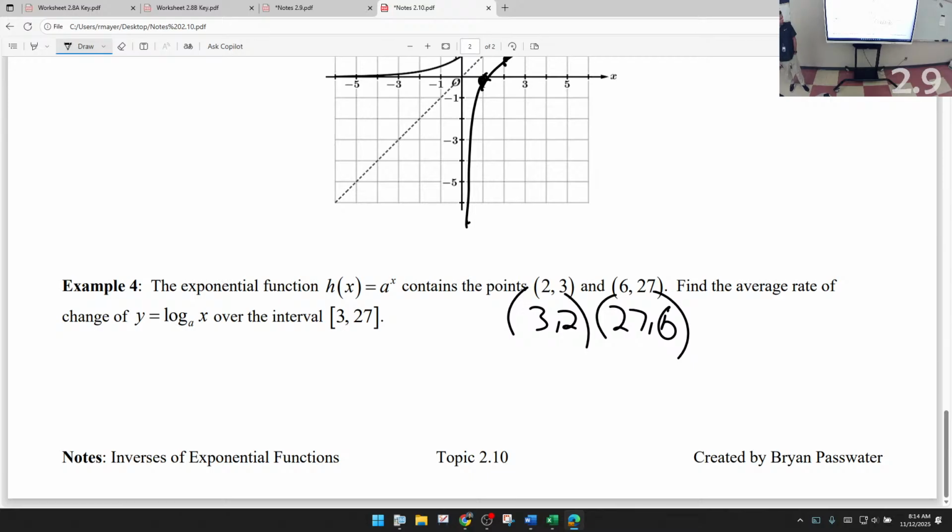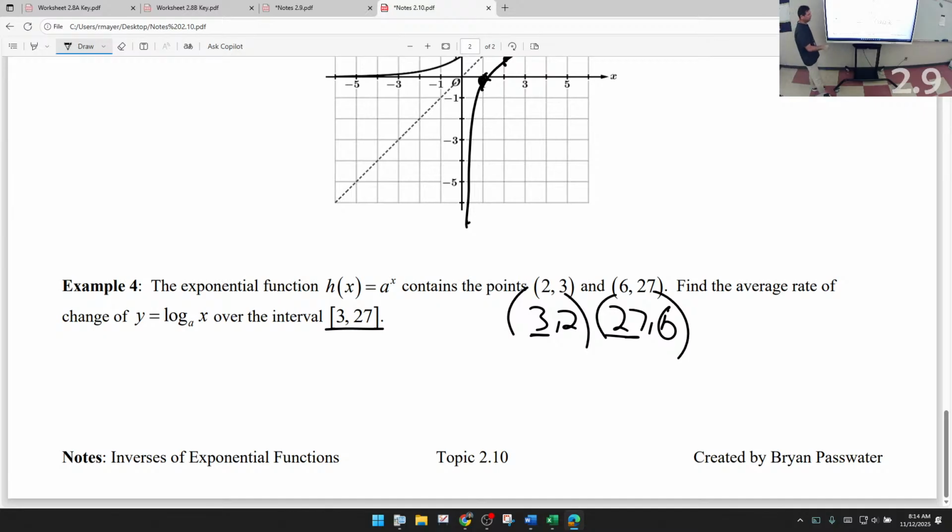And so I want the average rate of change from 3 to 27. Well, ironically, here's my x values from 3 to 27. And the average rate of change is nothing more than y minus y over x minus x.